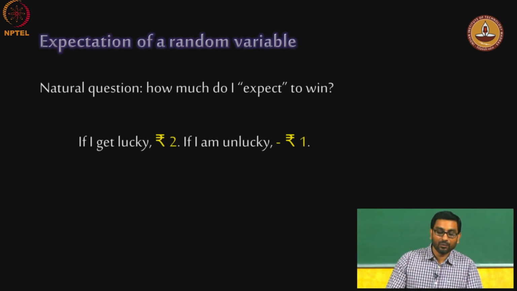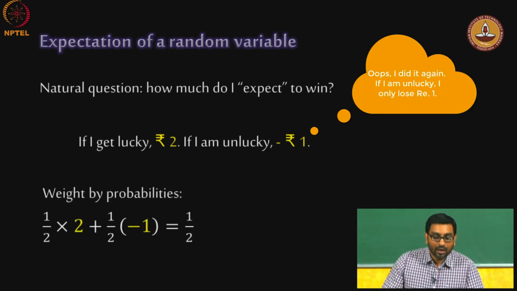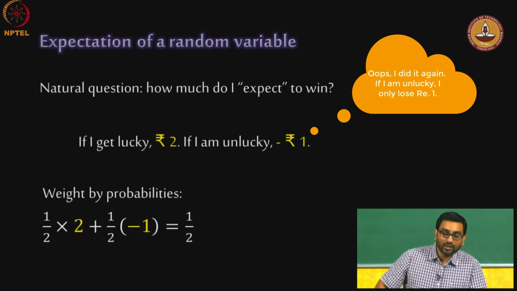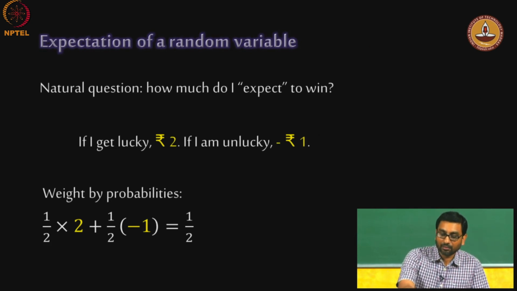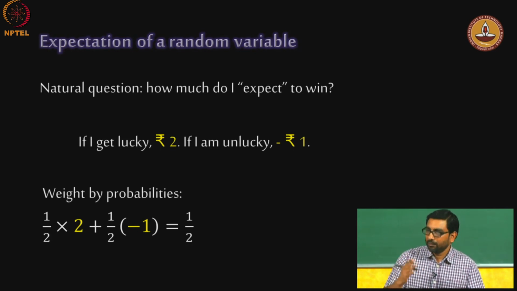If I am unlucky, I will lose 2 rupees. And so, what I can do is weight these values, my either gain or loss, by their individual probabilities, and I get the value half. That indicates how much I am likely to get. It makes sense, right? If I am lucky, I get 2, otherwise I lose 1. Somewhere in the middle is the half value.